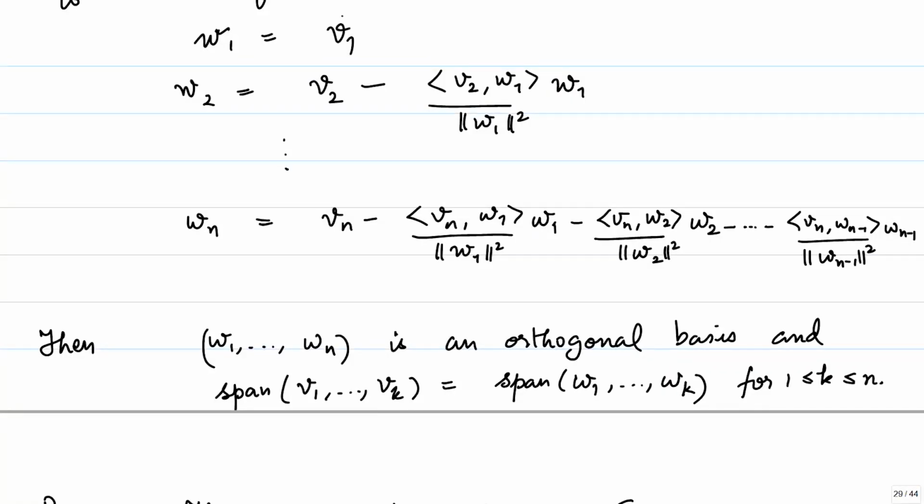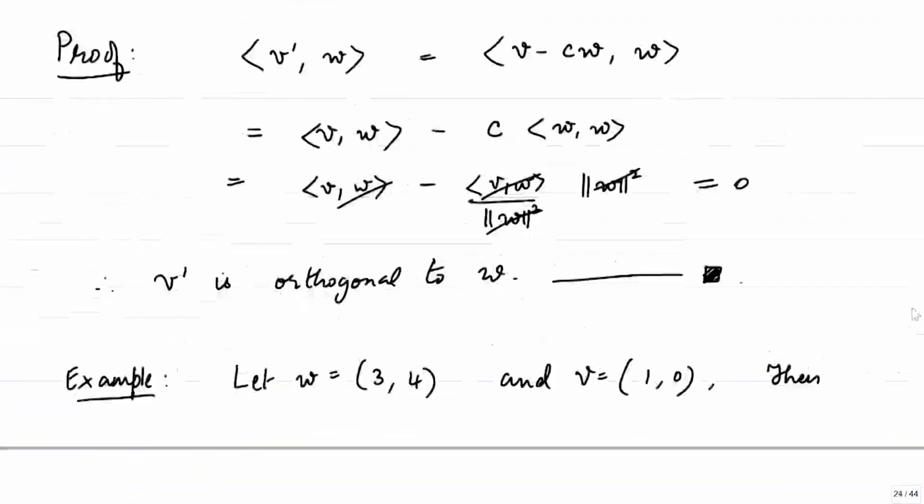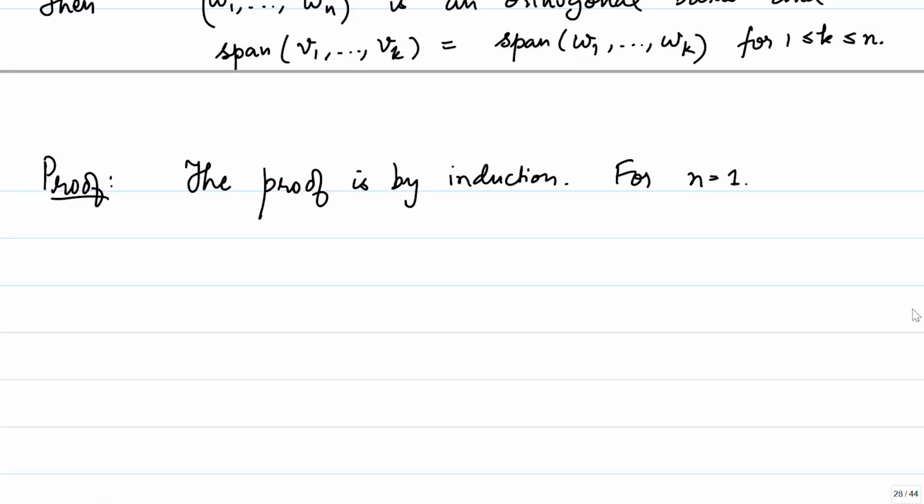The span of W1 and the span of V1 is going to be the same, and hence this is the case. So now let's assume that the theorem has been proved for up to n minus 1. The induction is on n, which is the dimension of our vector space.